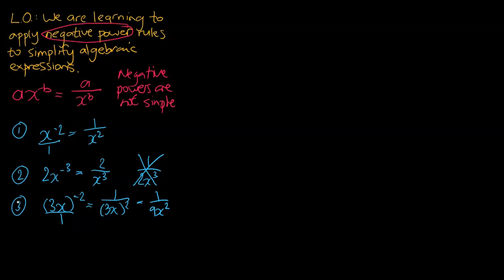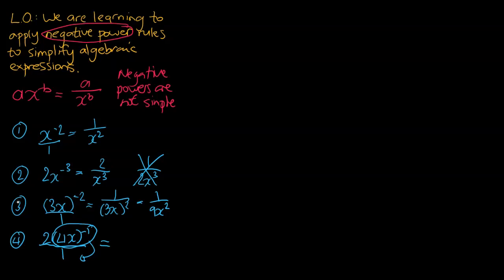And we'll have a look at example number 4 before heading to the top of the other page. We're getting a bit more complicated. So we've got 2 and then in brackets 4x to the power of negative 1. So again, the way I want you to think about it, if you think of the initial setup as a fraction over 1, the negative power portion is going to move to the bottom and the power will become positive.